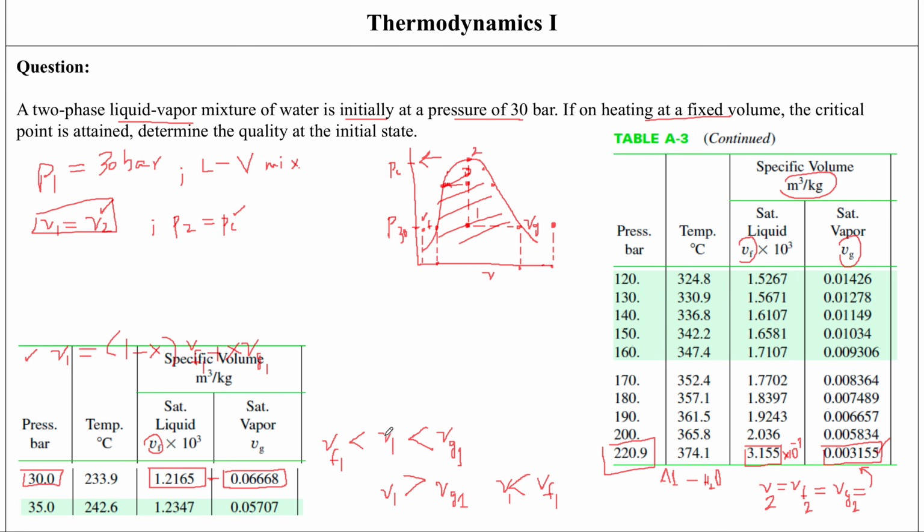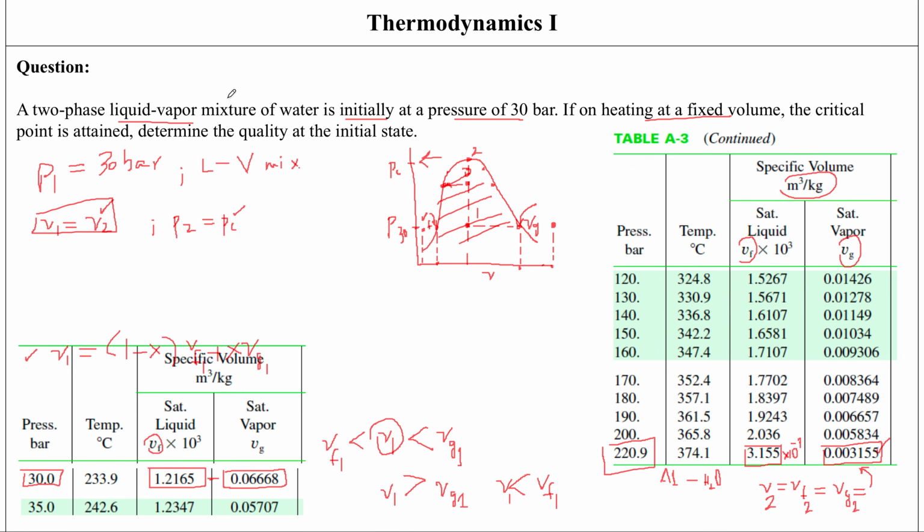So when V1 is between these two values, what that means is Vf at 1 is this point, Vg at 1 is this point, so my value for V1 is somewhere between these two. That means I'm within the dome.